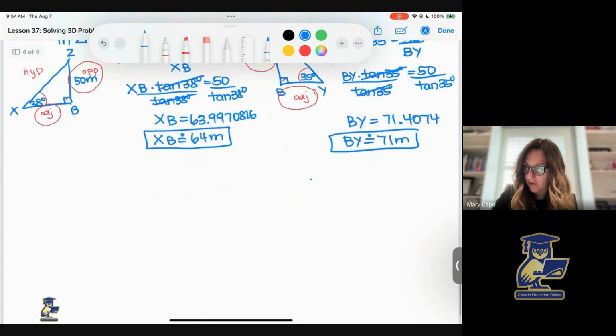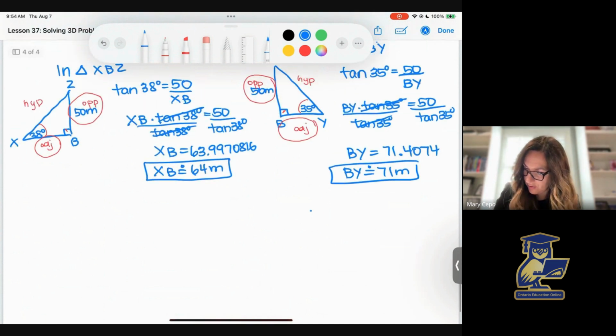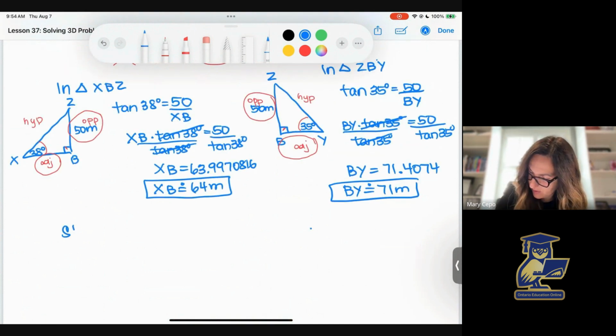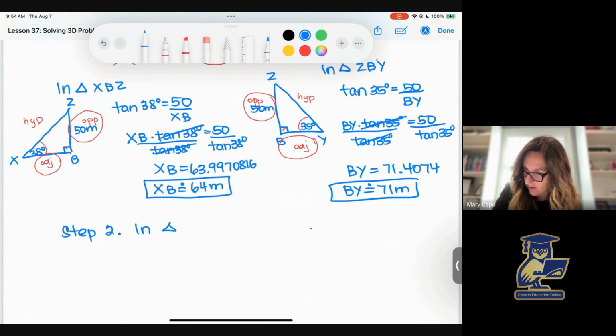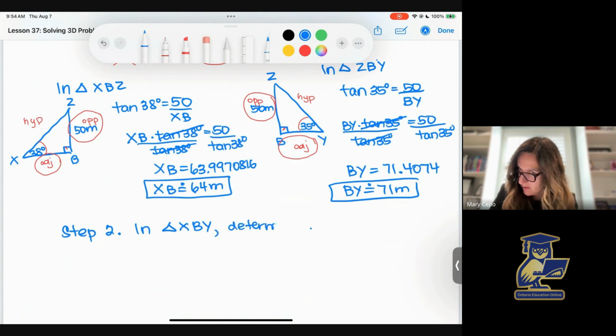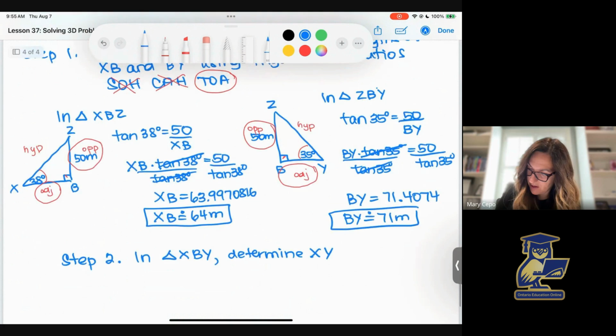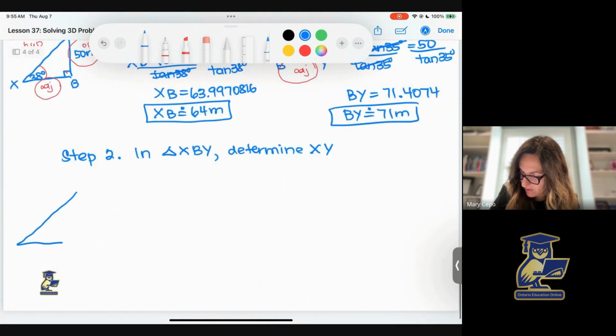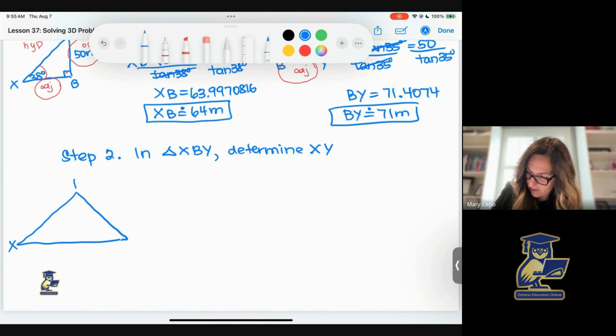So now if we look at step 2, we're now going to use either the sine law or cosine law to determine the unknown in triangle XBY, and determine XY, or its cross. So let's see what information we have and what information we need. Okay, so we've now determined XB and BY.